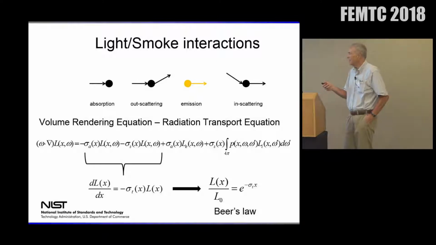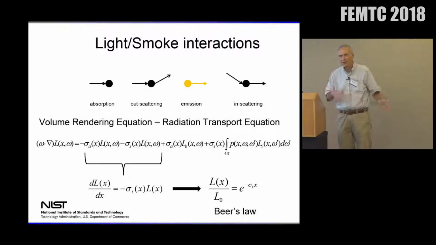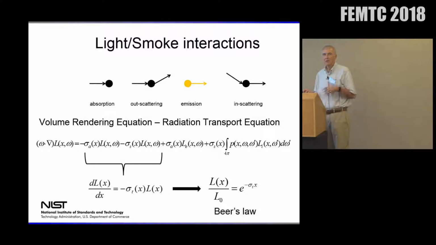Now, if you take these first two terms, the absorption and the out-scattering, and you combine them together and work out all the math, you get Beer's law, which I'm sure most of you have heard of. And for the most part, that's what we use in Smokeview to model.